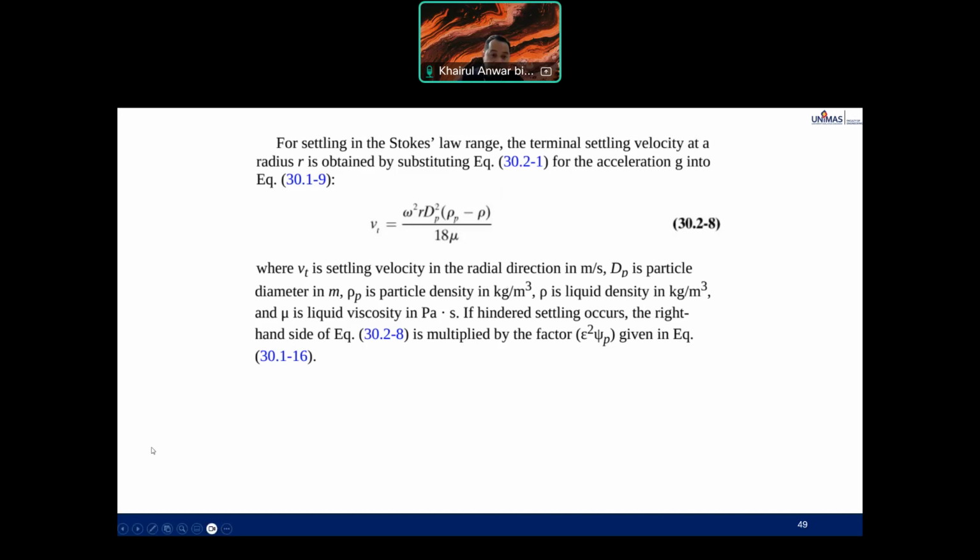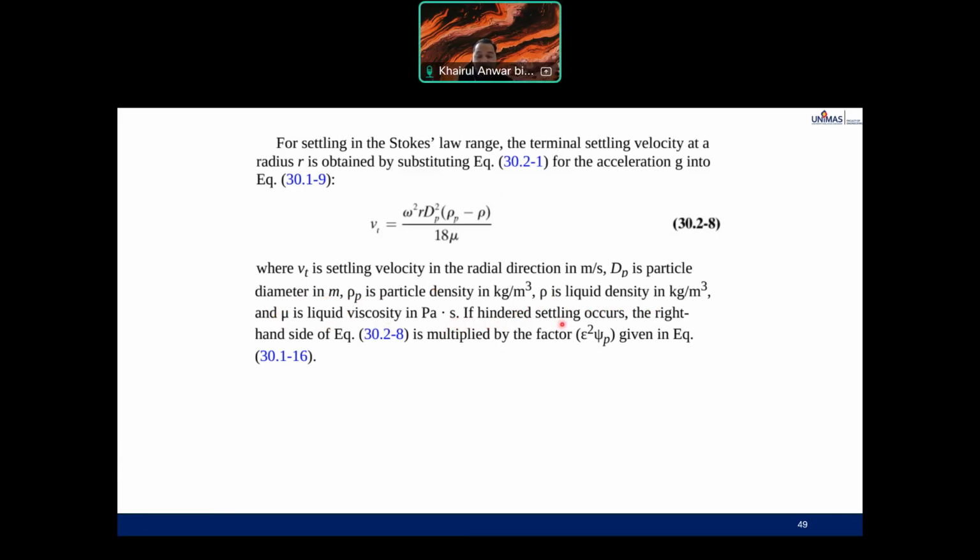Dp is the particle diameter in meter. Rho p is the particle density in kg per meter cube. Rho is the liquid density, which is water. U is the liquid viscosity in Pascal second.